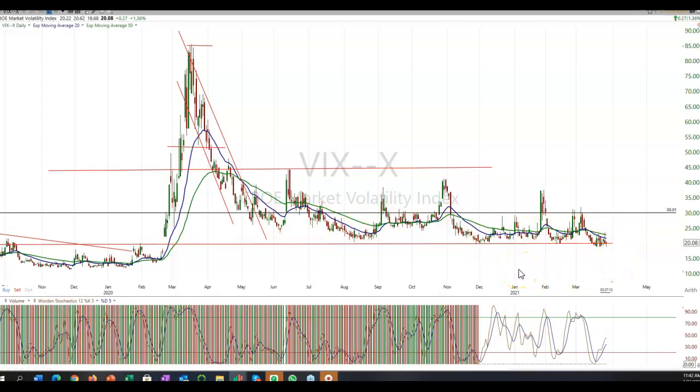So the question was asked, Christopher Richard asked, shouldn't we be thinking that the market is overbought when the volatility index gets to 20 and oversold when it gets over 30? I don't think so. I think the other indicators wouldn't support that view.